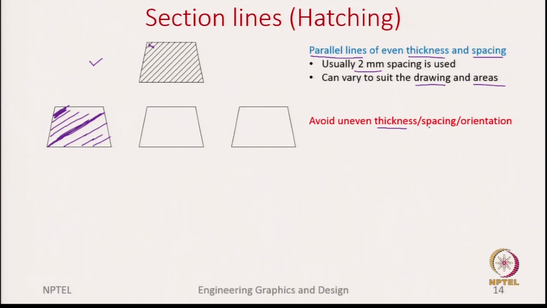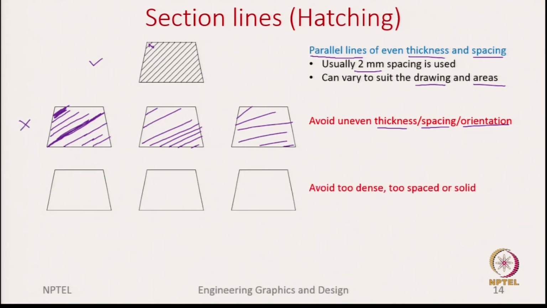The other mistake is spacing. You cannot have large spacing initially and then come to narrow spacing. This is also wrong, because the spacing needs to be uniform. And lastly, the orientation. All these lines should be parallel. You cannot have one line going in this fashion and after a while change the orientation. All these are wrong.